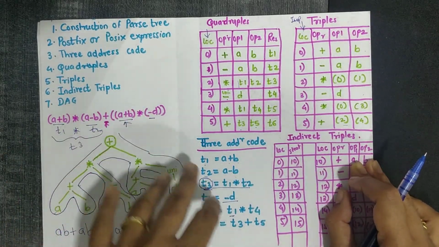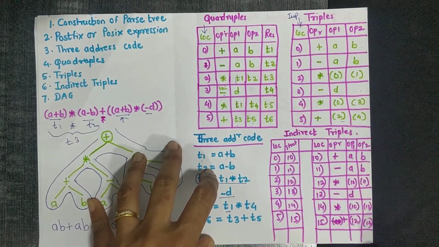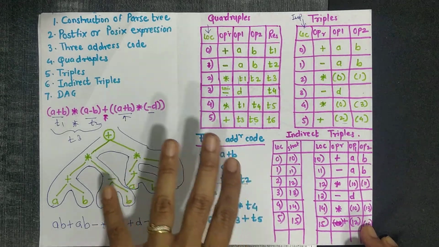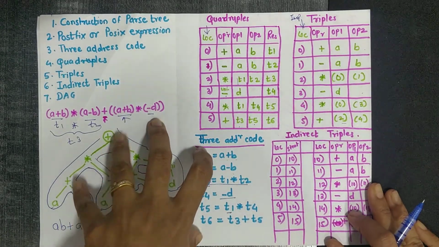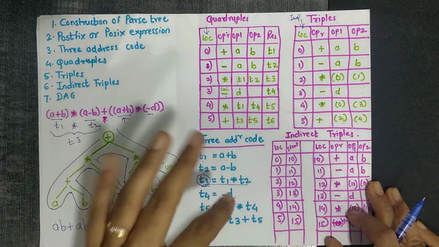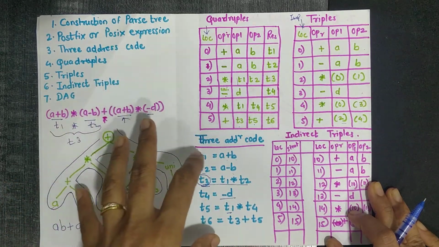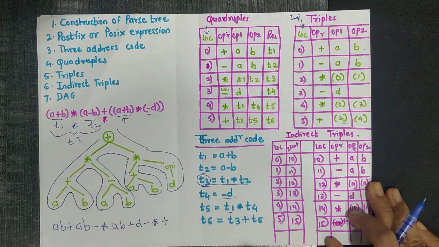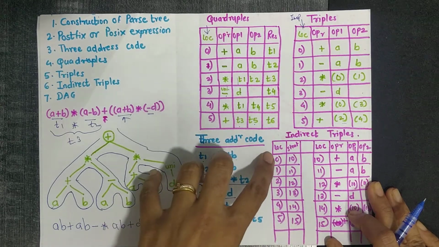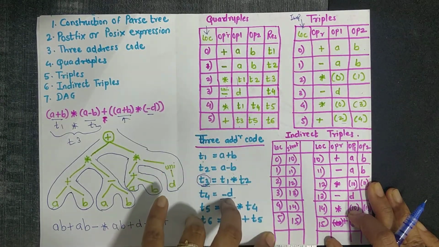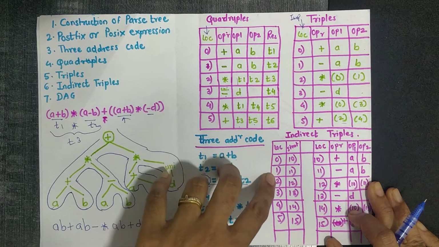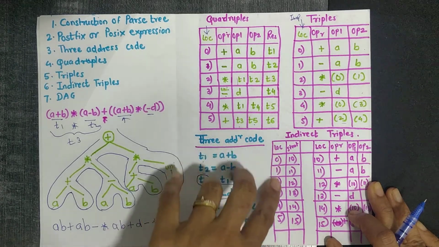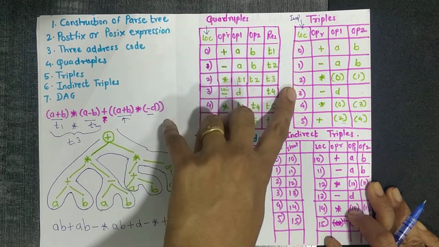Now we'll see the indirect triples. In indirect triples, we do the same as we did in triples, but you have to assign different numbers. These are your original numbers, 0, 1, 2, 3, 4, 5, the original locations you assigned in triples.